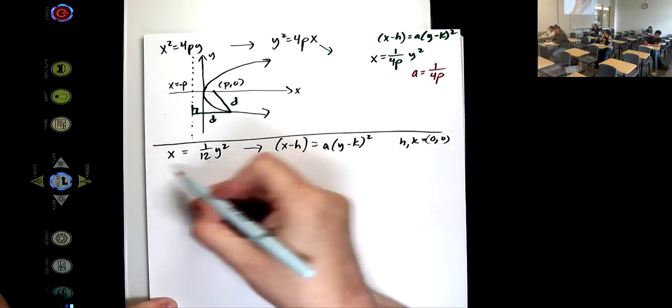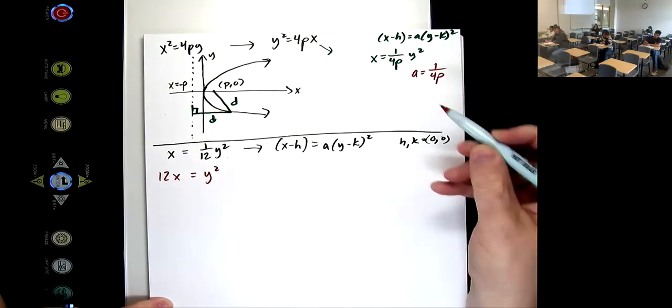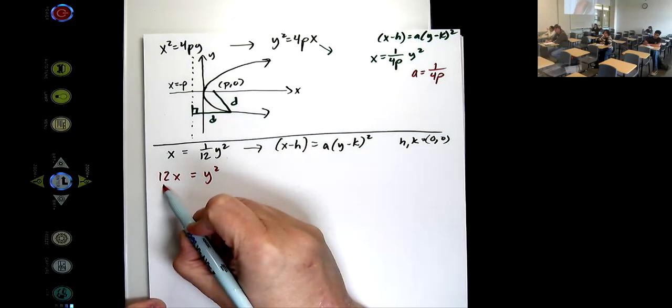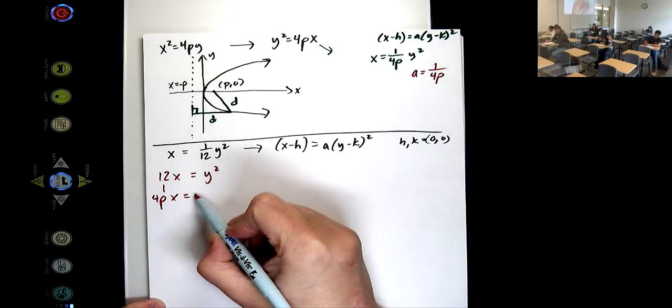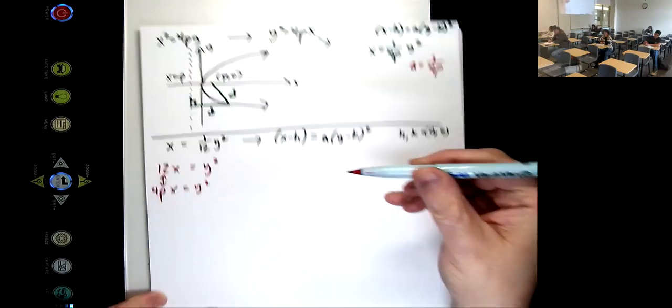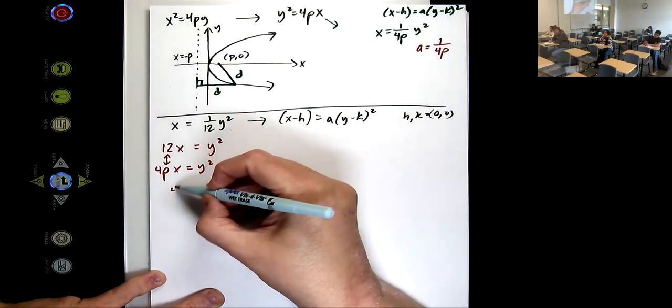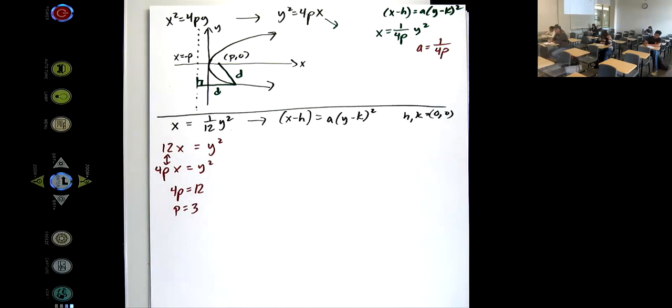So if I multiply by 12, I get 12x equals y squared. And this is the same thing as 4px equals y squared. So I can see that 4p equals 12. So p has to equal 3.